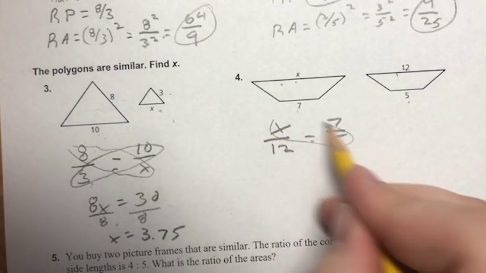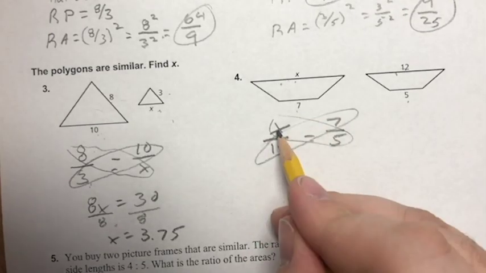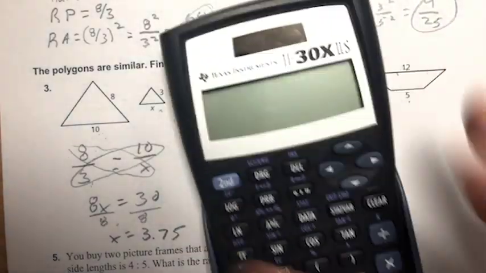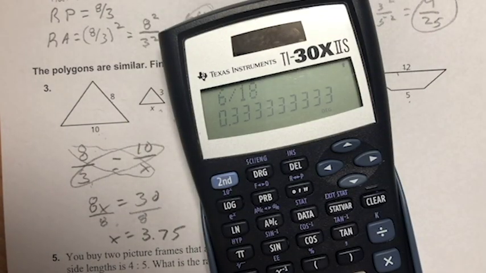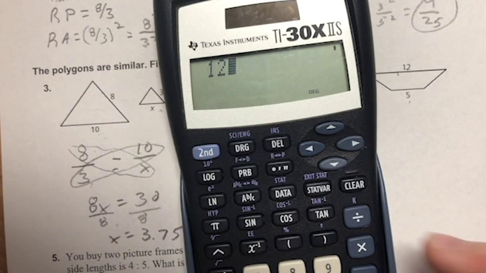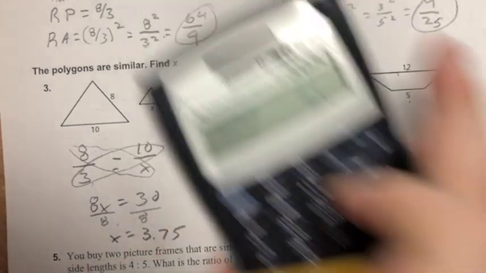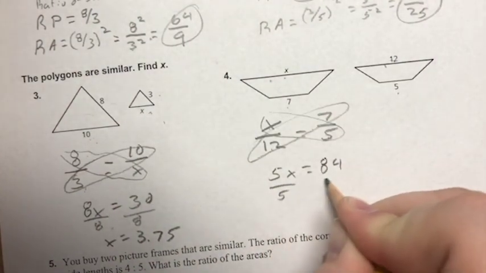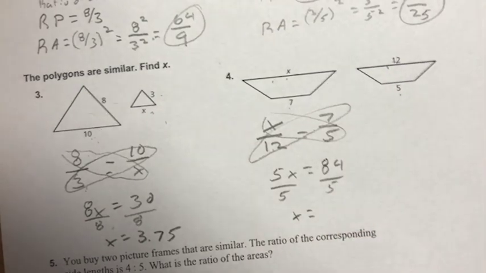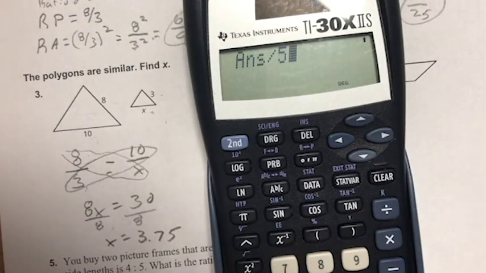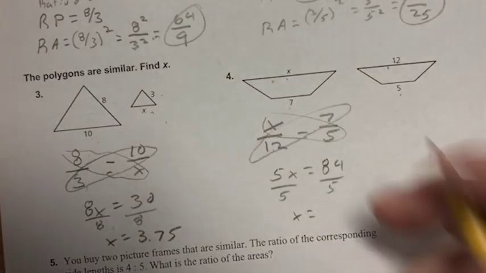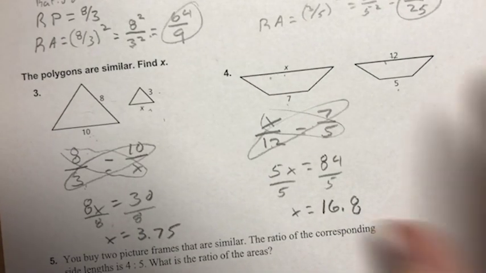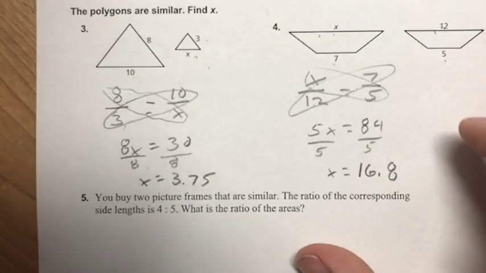Cross multiply and divide again using the butterfly. x times 5 is 5x. 12 times 7, I think it's 84. Gotta double check myself. Yay, I was right. 84. Divide by 5 on both sides. x is equal to 16.8. I'm done. I found x.